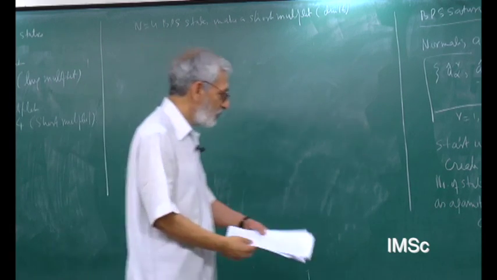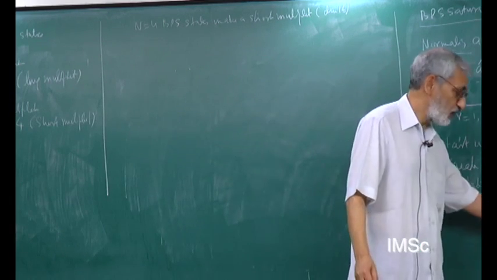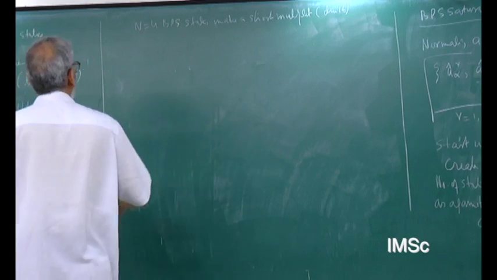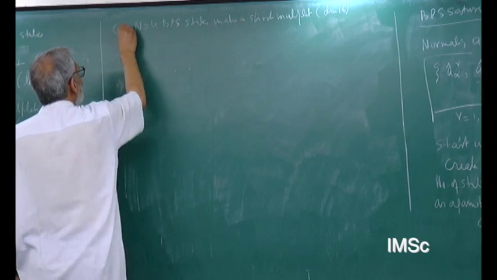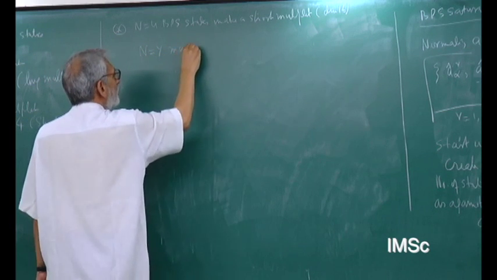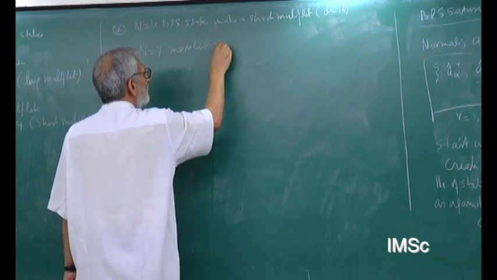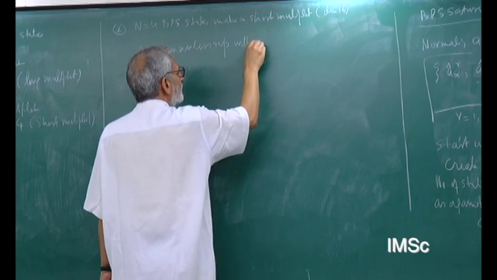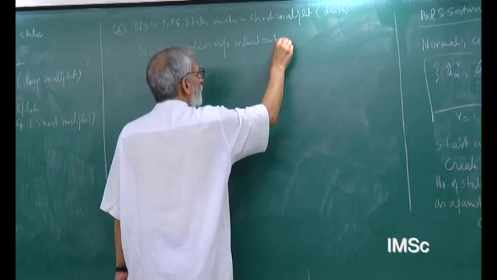And we have already contrasted this with n equal to 4 massive. But now I want to contrast it with n equal to 4 massless representation, without central charges.